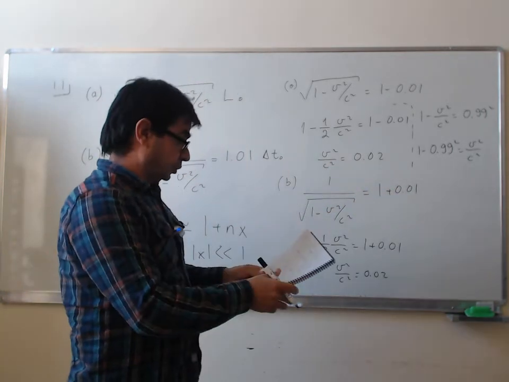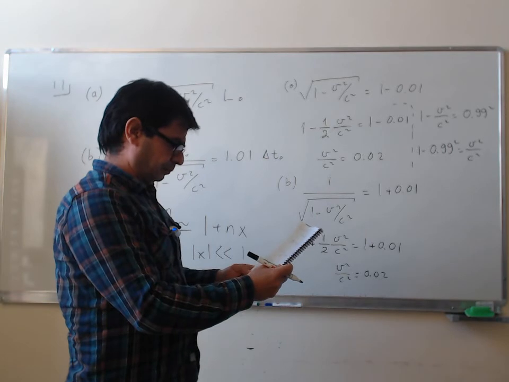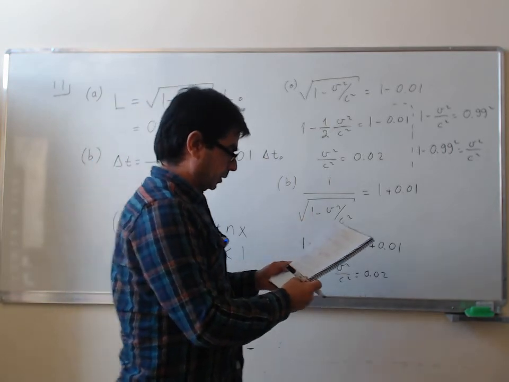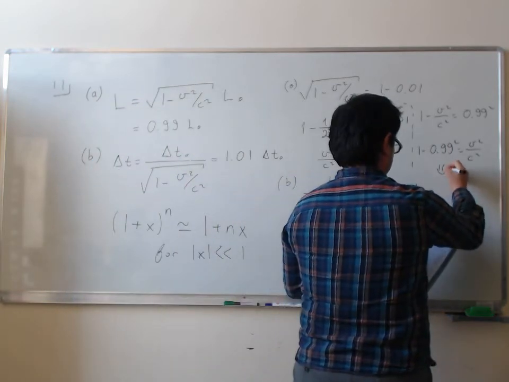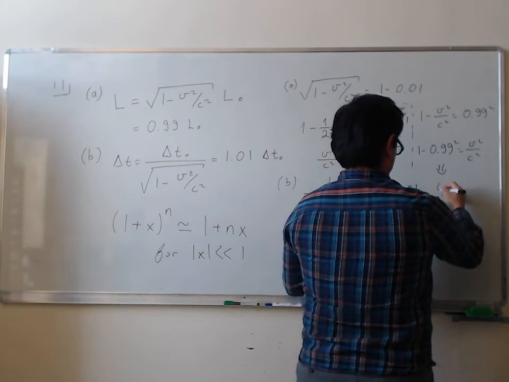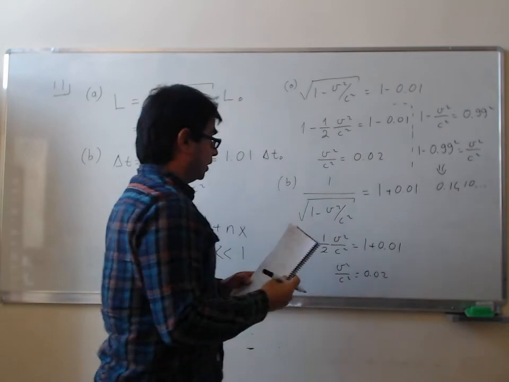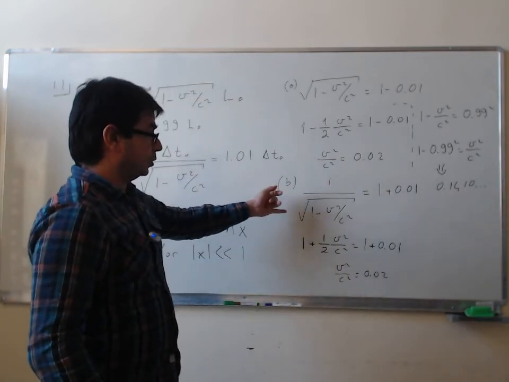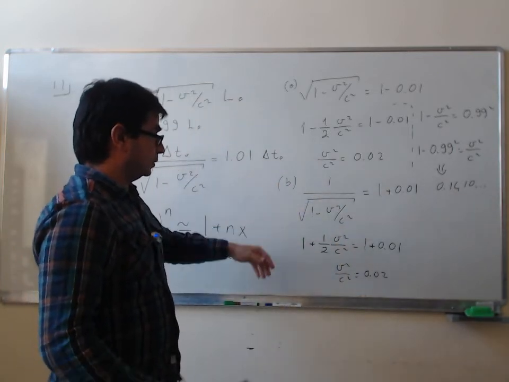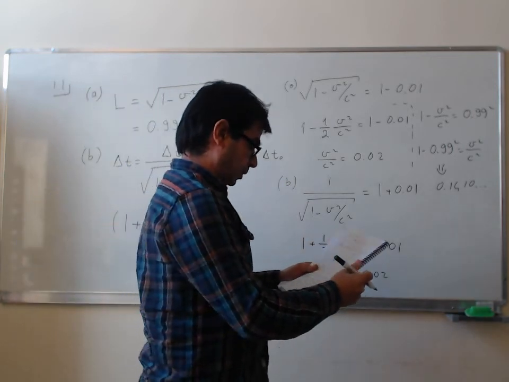And then if you take the square root of that for the first one, I didn't check my algebra, but when you do this honestly, I got 0.1410 something something. And if we carry out the same thing here, you just square both sides and then move things around and take the square root and so on and so forth.